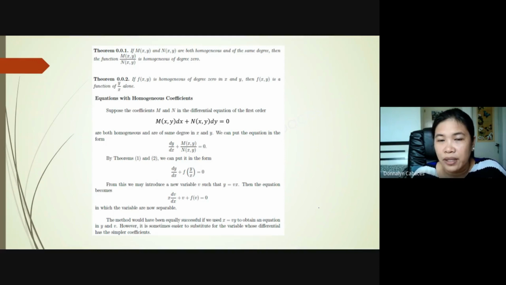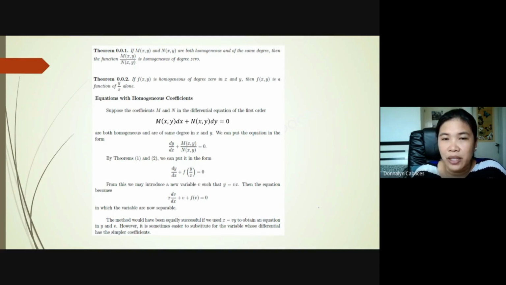Then we can form this equation: derivative of y with respect to x plus M over N is equal to 0. And using the above theorems, we can put that in this form: derivative of y with respect to x plus a function of y over x is equal to 0.